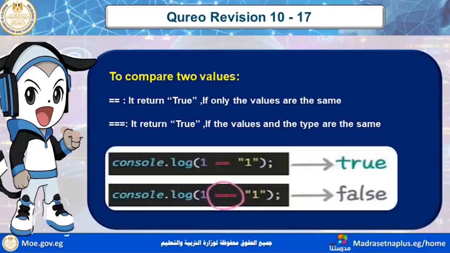So console.log 1 == 1 will get true, and the second one is 1 compared with 1 in double quotation.